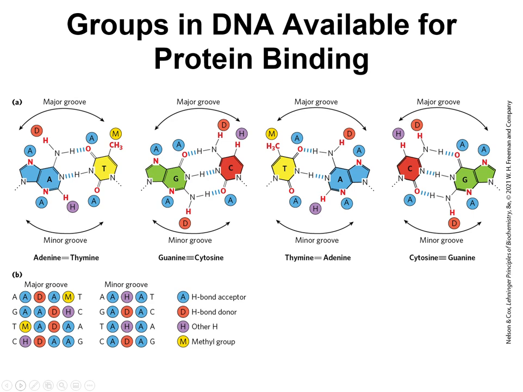So the blue is an acceptor, the red is a donor, and then the purples are other, which means maybe you can't do any hydrogen bonding there, maybe that hydrogen is bound to a carbon, but you can still detect that difference, and it can be used as recognition. Then the yellows are methyl groups, which can also be used as recognition. So all of these little pieces can be used by a protein to detect certain sequences of DNA.